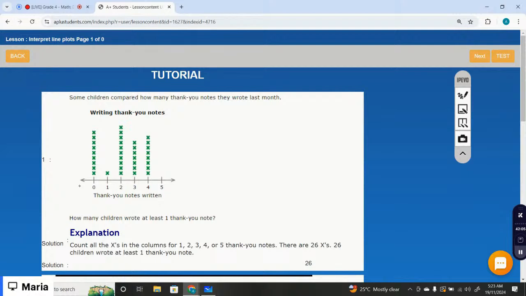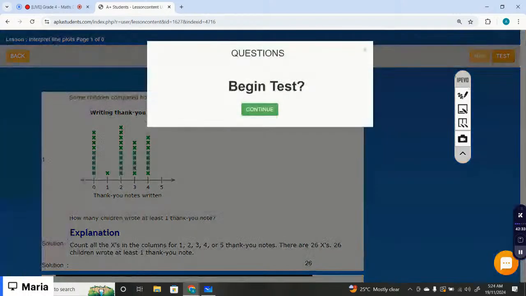You need to count all the crosses in front of the numbers 1, 2, 3, 5, because how many children wrote at least one thank you note? The least value would be 1, the maximum value could be any. You don't have to count the values in front of 0, the rest of the values you have to count. 1, 2, 3, 26 they are. Okay. Let's just start with the test questions.